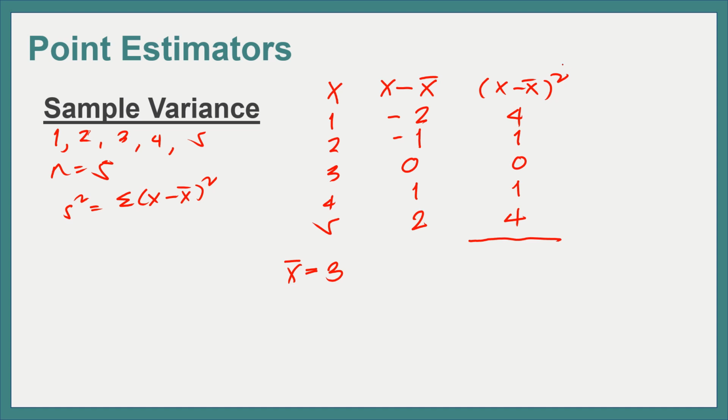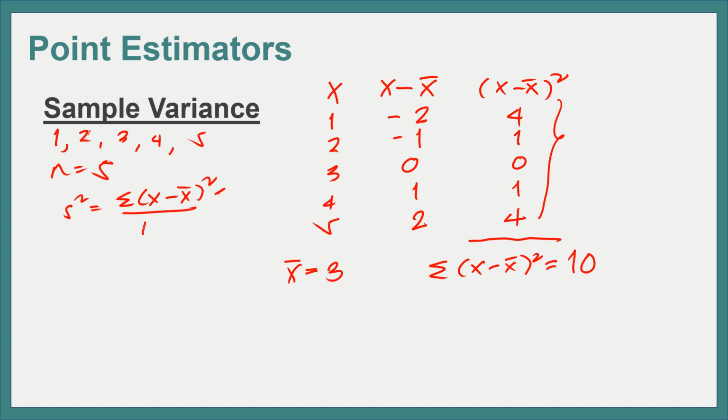So, we need to get the sum of these values. 4 plus 1 is 5, plus 1 is 6, plus 4 is 10. So, the summation of the square of the mean deviation is equal to 10.